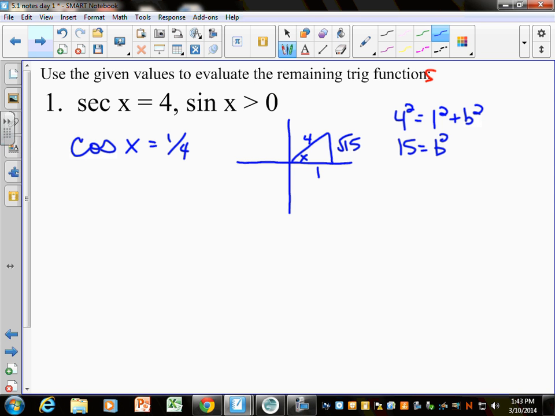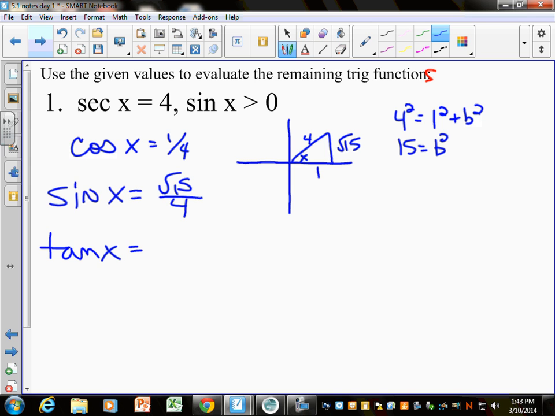And if you can draw a triangle and you can find the third side, all you're going to do is do SOHCAHTOA there. Like just find all the other trig functions, simplify as needed. So sine would be square root of 15 over 4.